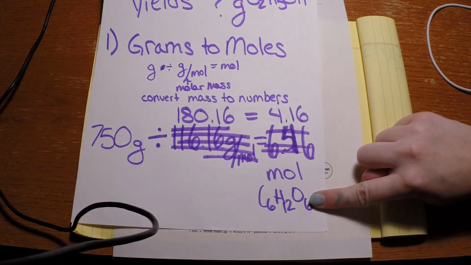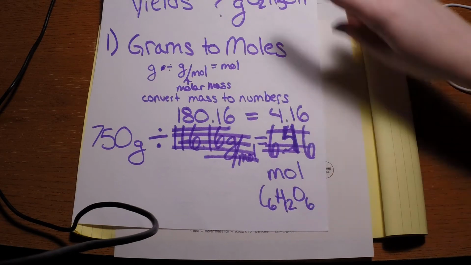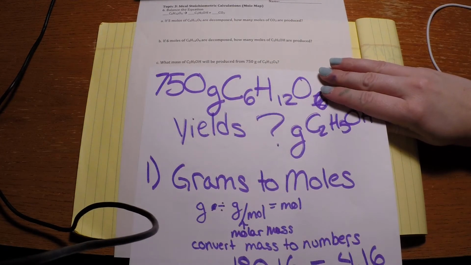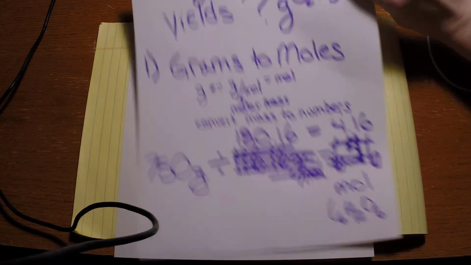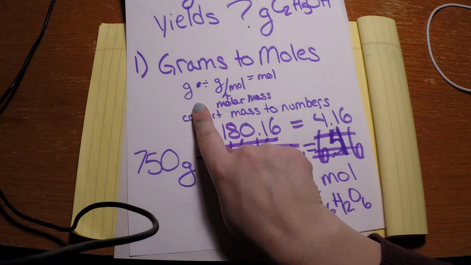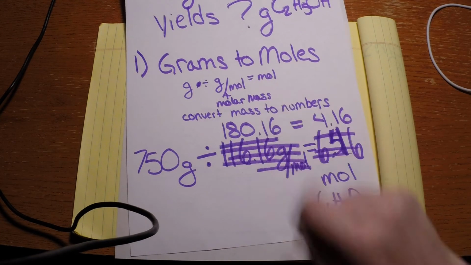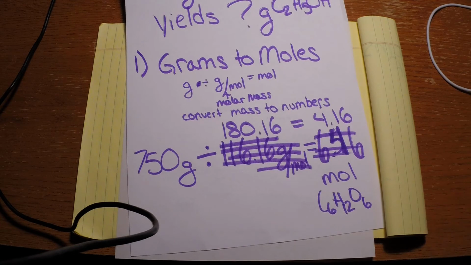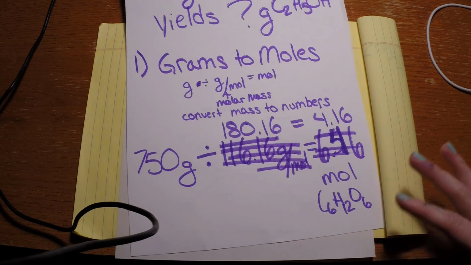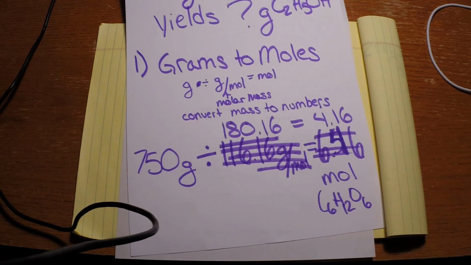Notice how we're staying the same, so we have the same compound here as we had up here. Whenever you are converting from mass to moles, you need to make sure that you're staying within the same compound. I saw a lot of people converting from mass of one compound to mass of another compound.